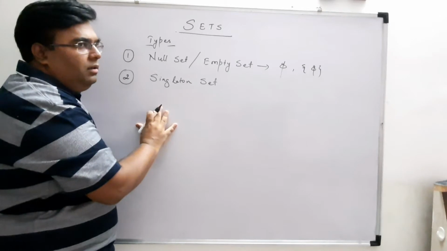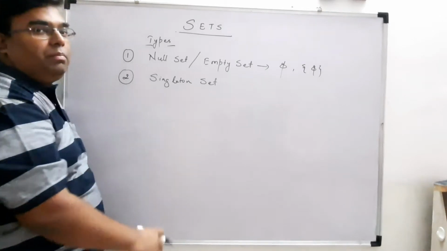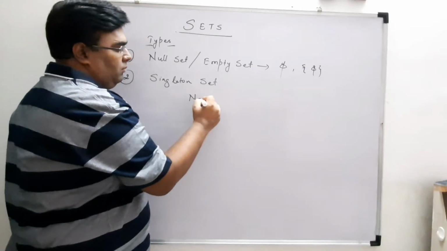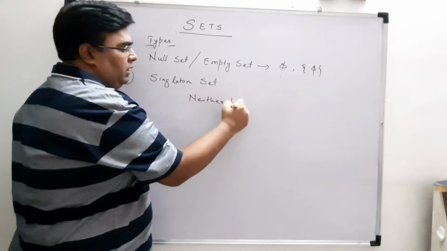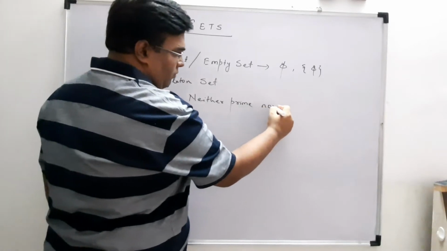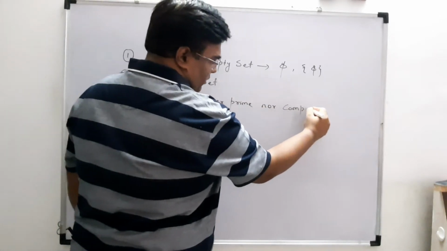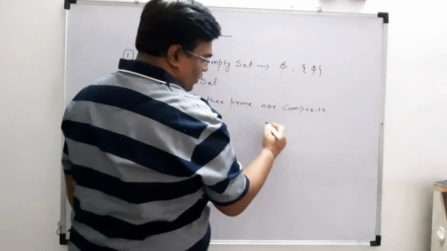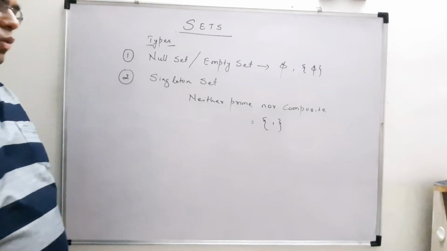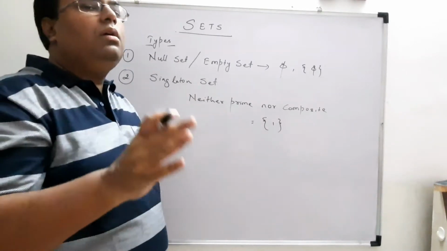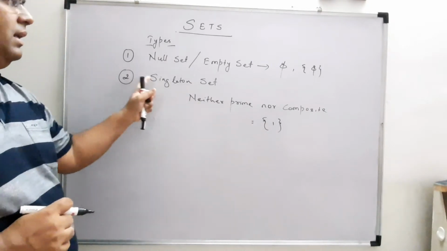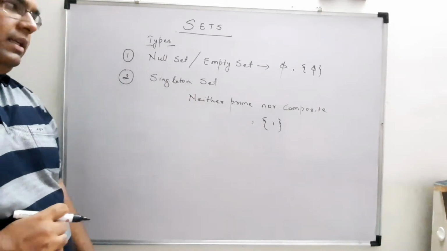You can write number which is neither prime nor composite. So what is my number? This number is 1. 1 is neither prime nor composite. So there is only one element. So we can call it singleton set, right?